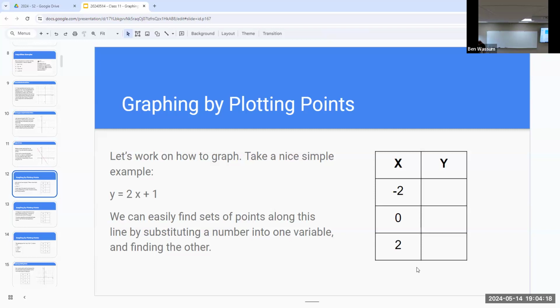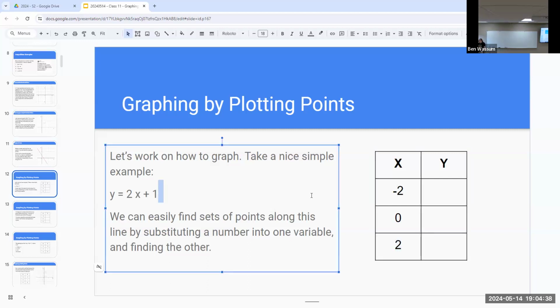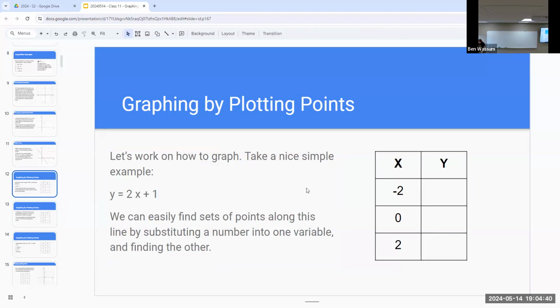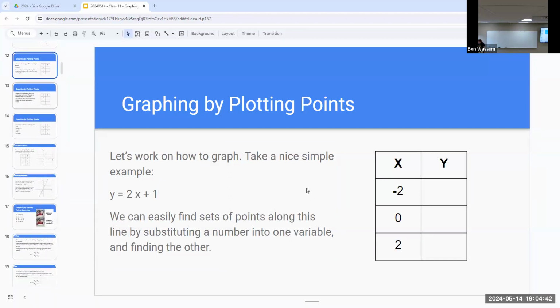The nice thing is, I always like to do something in the negatives, something at 0, and something in the positives, because that gives me a nice range. I can actually have a decent looking graph if I go with that. Sometimes I'll do 2, sometimes 1, sometimes 5. It just depends on the situation, and it will come up as to what I would be looking for.